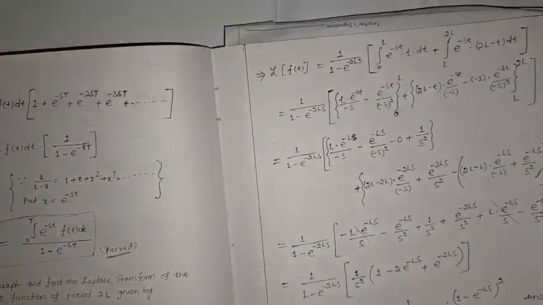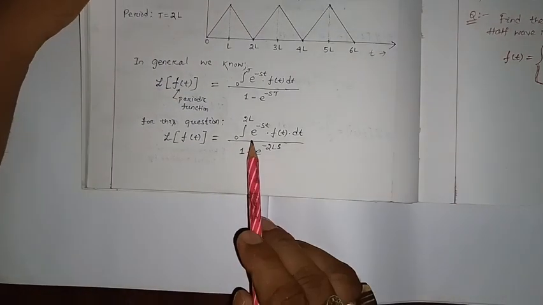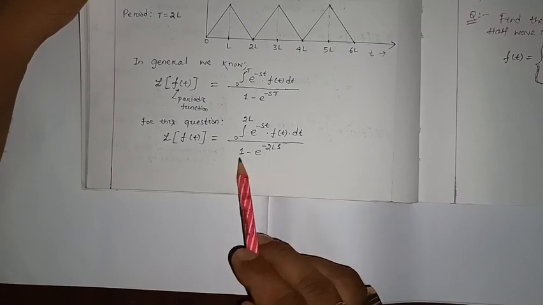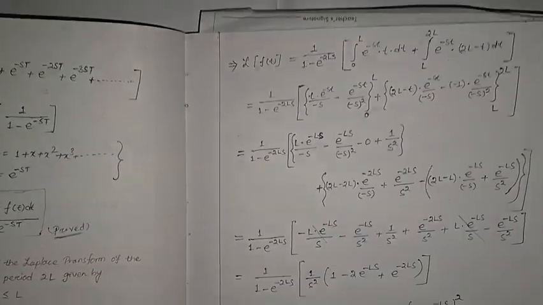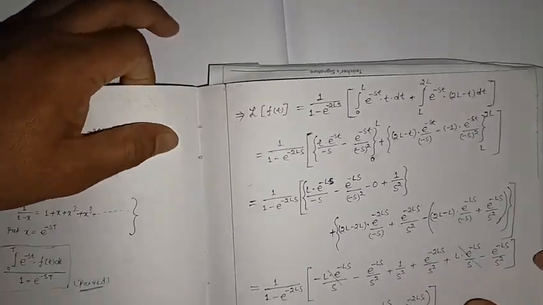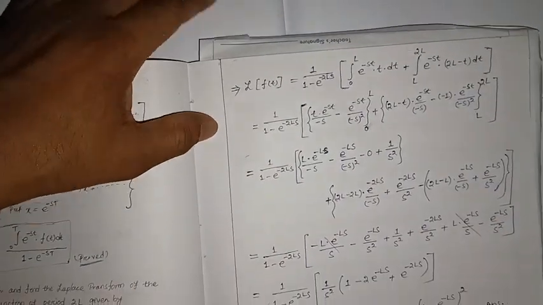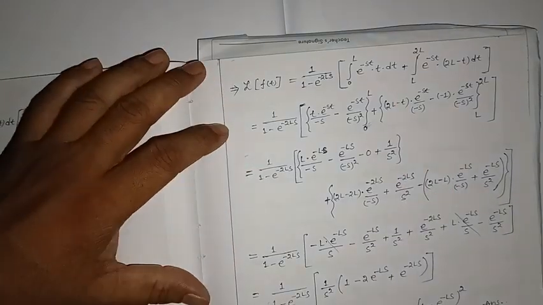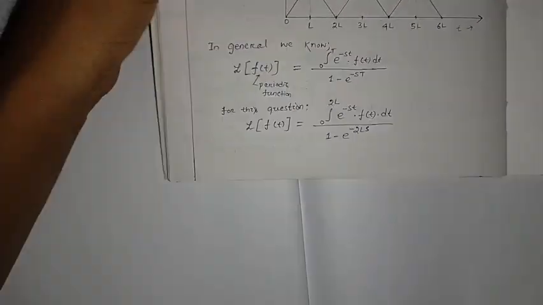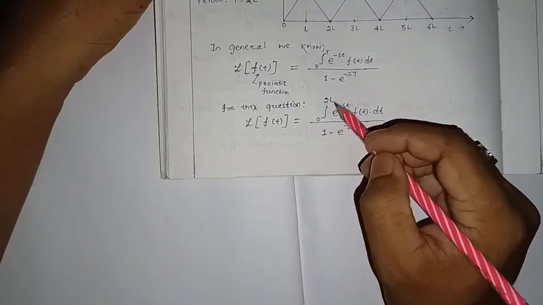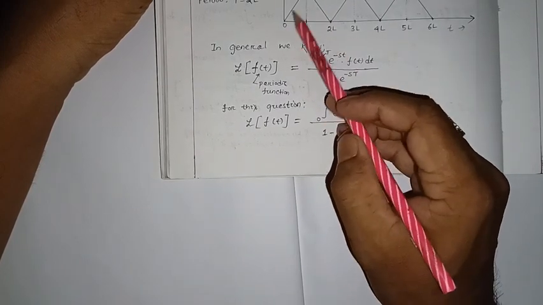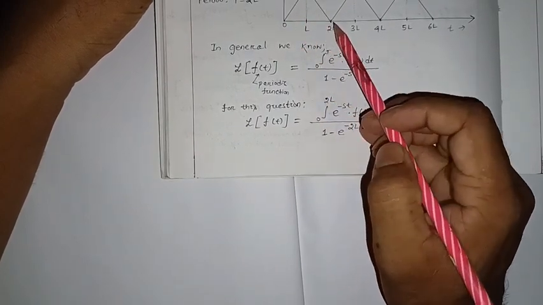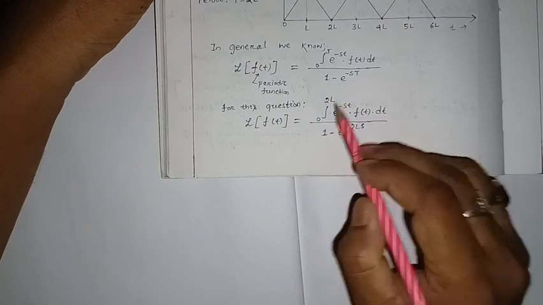Now the Laplace transform of this function will be equal to, here you can see the integration is with respect to t, so the constant 1 by 1 minus e to the power minus 2Ls is taken outside. The limit is again separated into 0 to L and L to 2L, so we have to separate the limits.